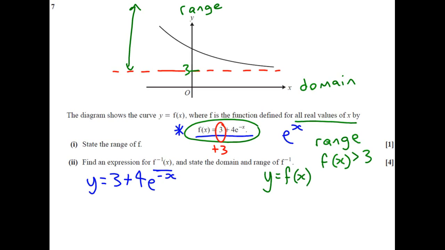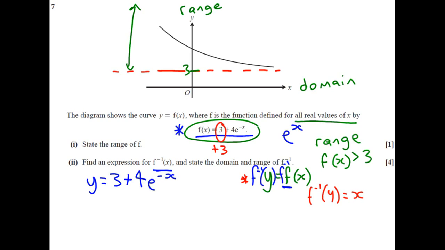If we take the inverse of both sides, f to the minus 1 of y, then we've got a double inverse here. The inverse of a function just counteracts it, so we have that f to the minus 1 of y equals x. I'm just explaining why what I'm going to do soon is going to work. We'll refer back to this in a minute.